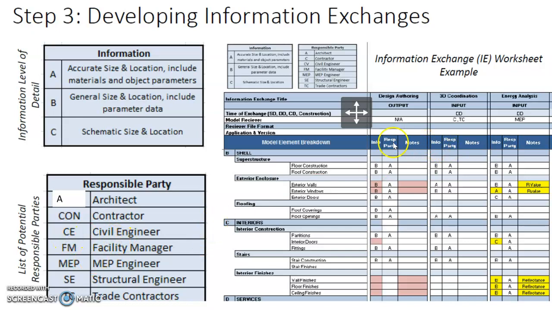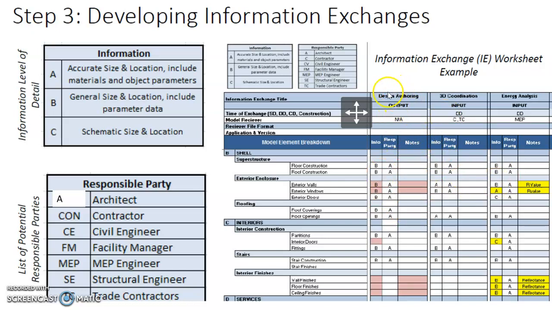Then after that, you can put it into a tabular manner, where, for example, the exterior enclosure will include the facade wall, maybe the external windows and doors and all that. So there will be different so-called information exchange stages.